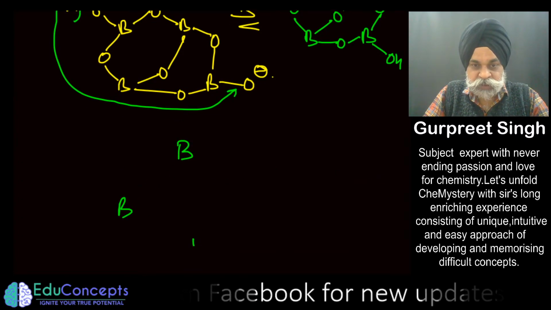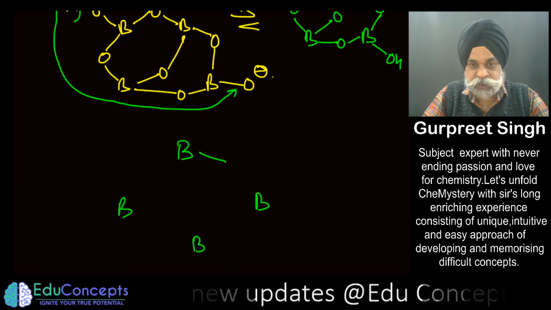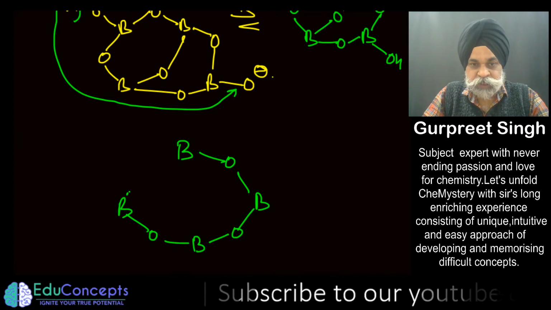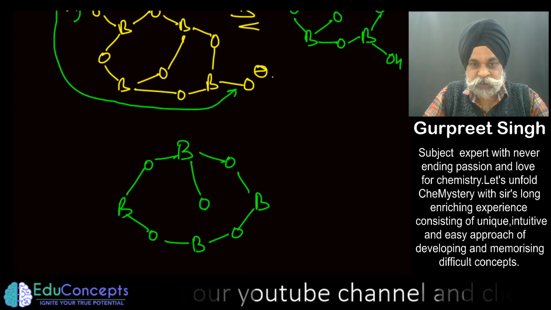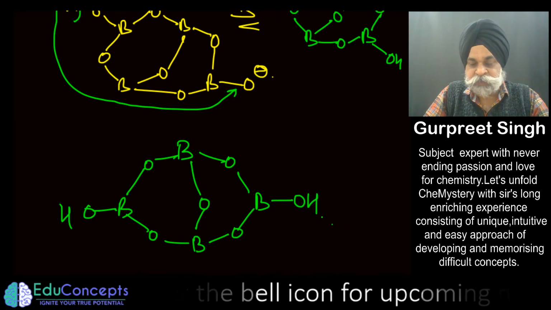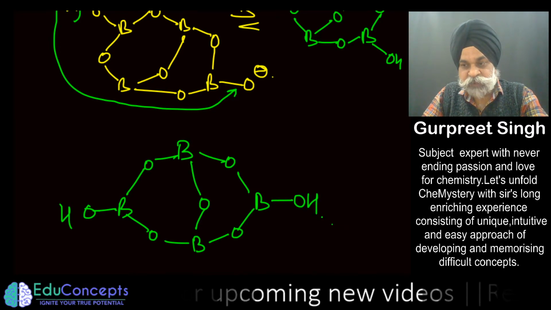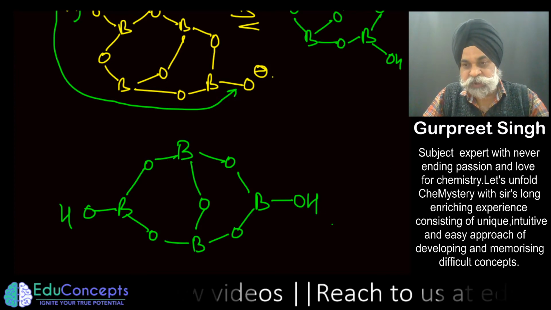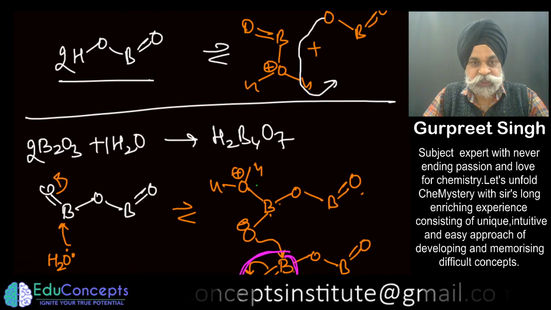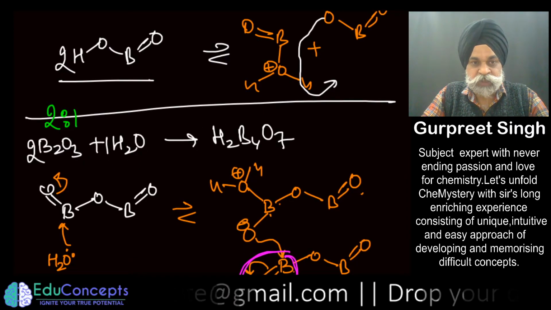These borons are the corners of the tetrahedron, and these are joined to each other through oxygen like this, with one OH on this side and another OH on this side. Now this is what we have done for the second one. So this is what you get when you take it in the 2 to 1 ratio.